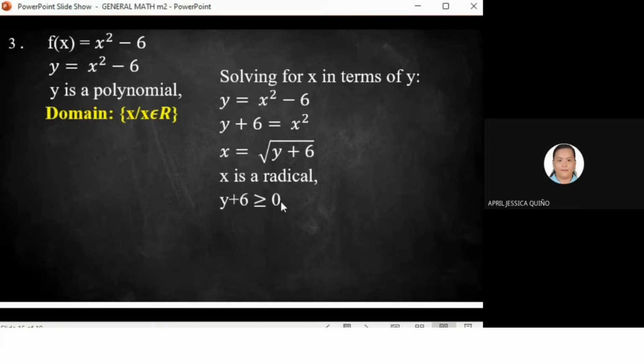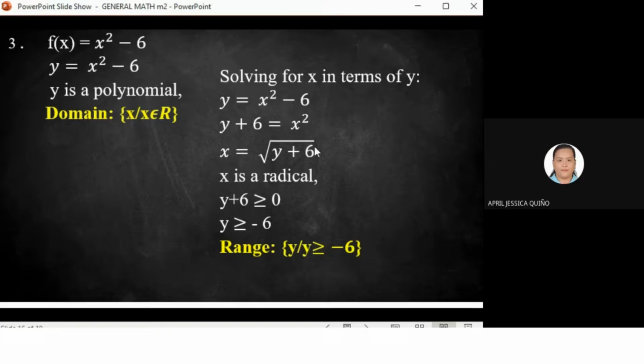If you transpose it, it will become negative 6. So y is greater than or equal to negative 6. If you're going to write your range in set notation, it will be y such that y is greater than or equal to negative 6.